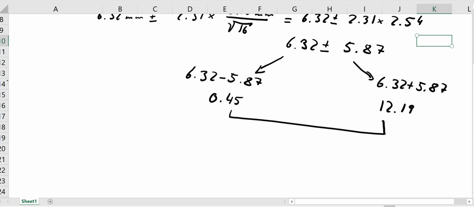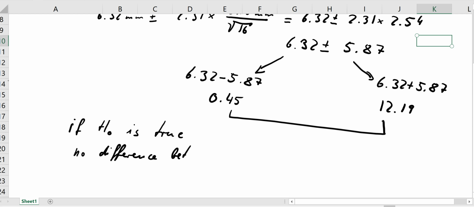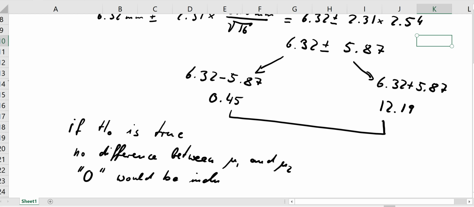So now the question is, if our null hypothesis, so if H null is true, that means there is no difference between mu1 and mu2, then the value 0 would be included in the confidence interval that we just calculated.